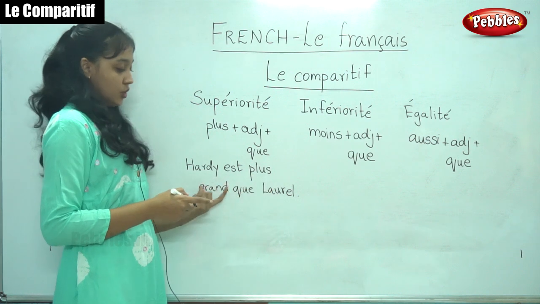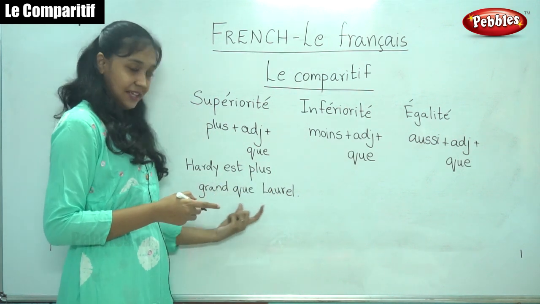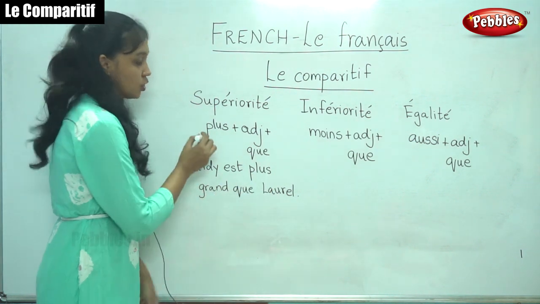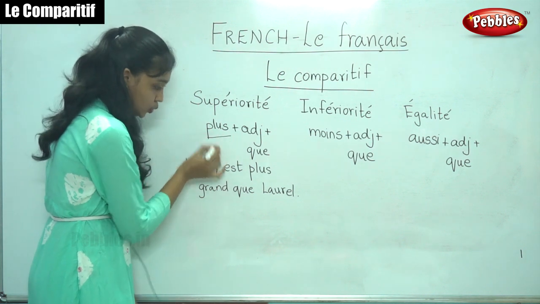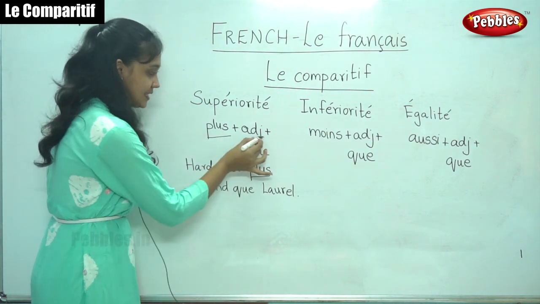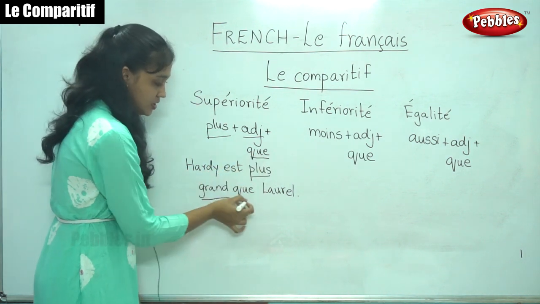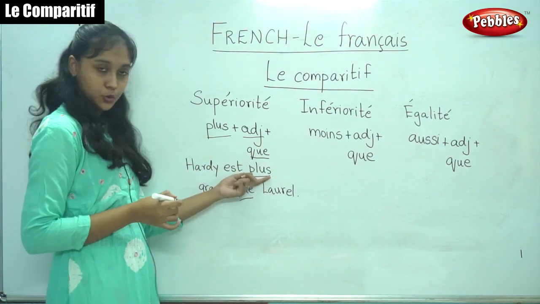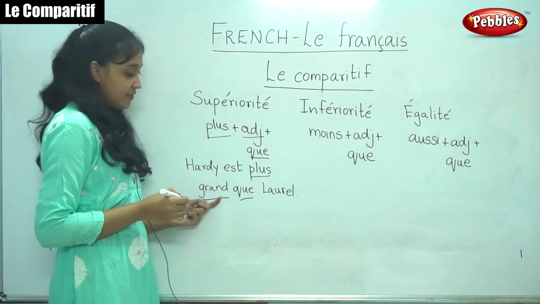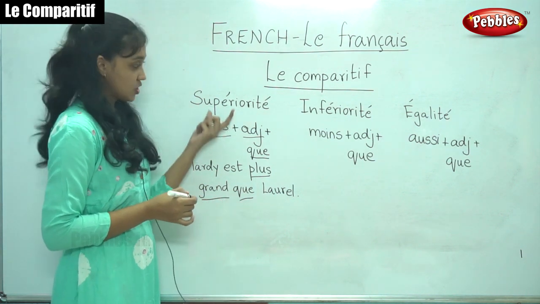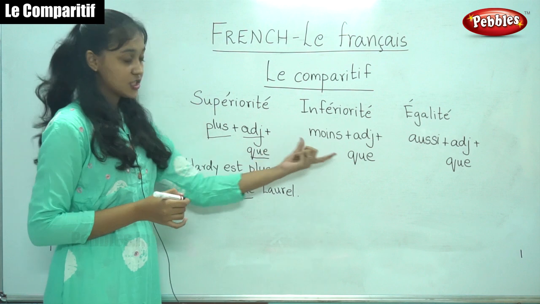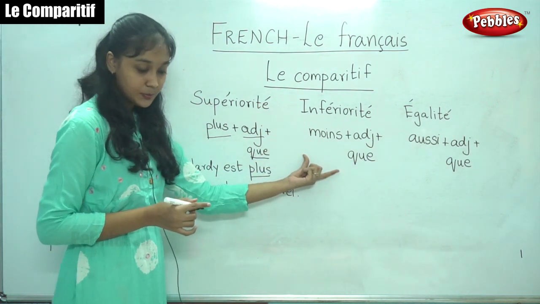Plus grande, bigger than Laurel. So what did we use? Plus plus the adjective, which is grande, and we used que. So plus plus adjective plus que. So did you understand this? Now shall we move on to the inferiority?